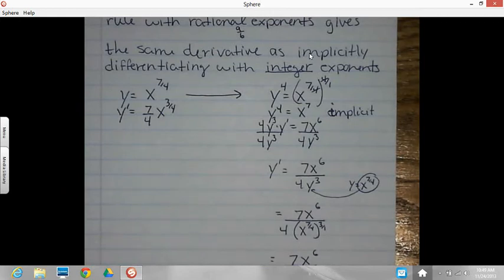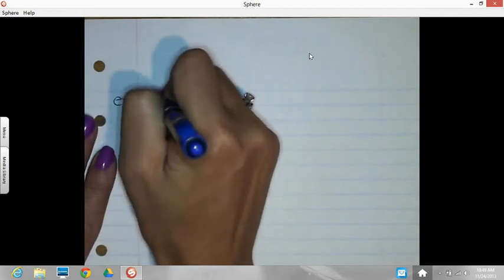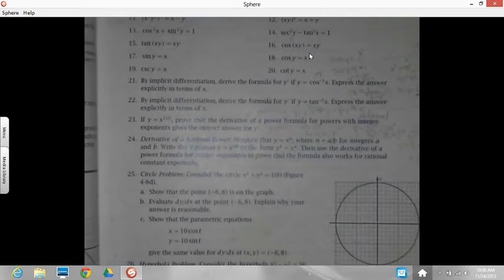Last one now. This is number 25 from your book. Okay, 25. Circle problem.